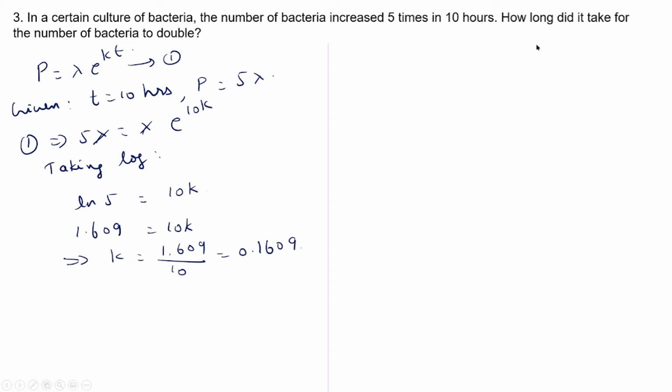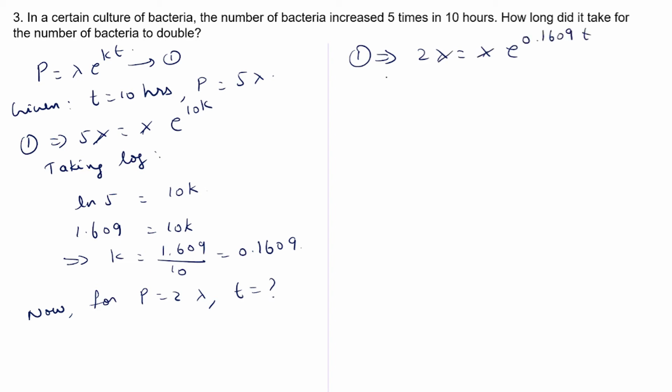Now we have to find the time taken for the number of bacteria to double. Now for P equal to 2 lambda, we need to find the time. So 1 implies 2 lambda equal to lambda into e raised to, we have found k as 0.1609, so 0.1609 t. So again we can take log on both sides.